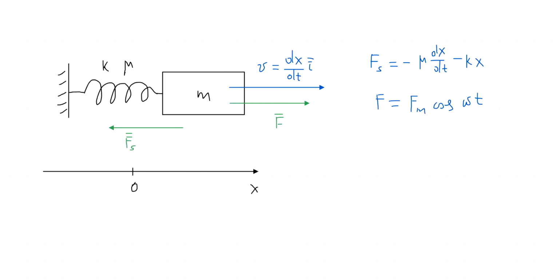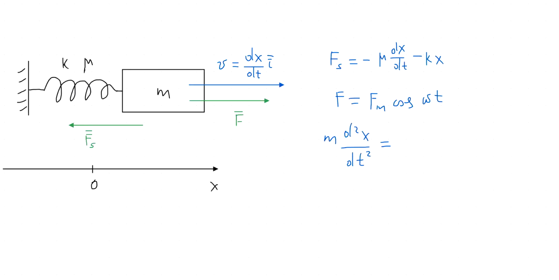We can use the second Newton's law of motion: mass times the second derivative of coordinate is equal to the sum of forces, Fs plus F.